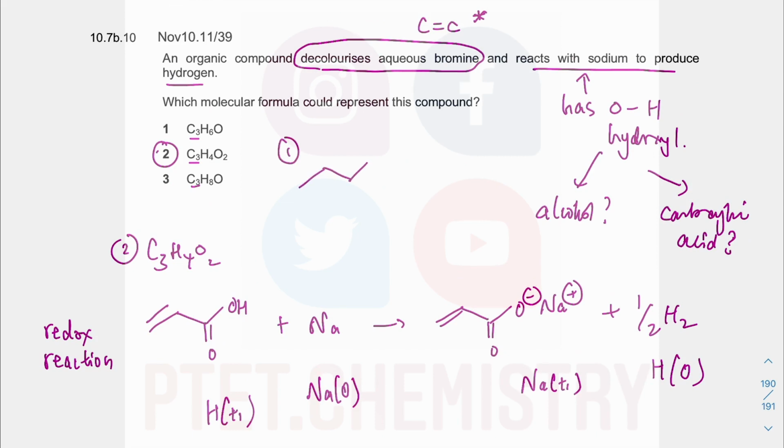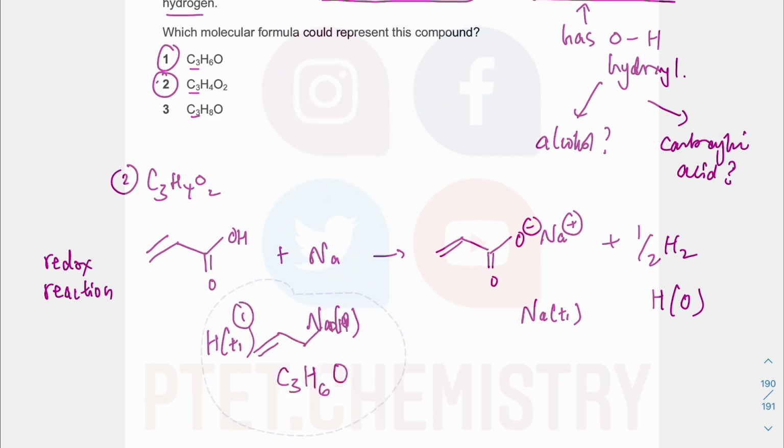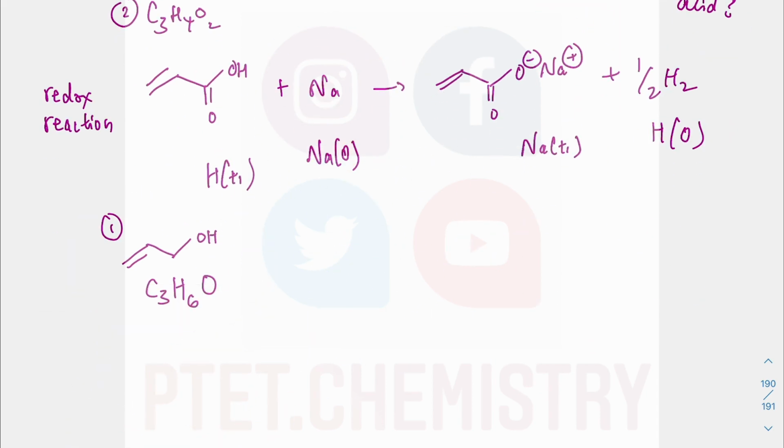If I have alcohol, but I also have a double bond, then I'll have 1, 2, 3 carbon, and I'll have 1, 2, 3, 4, 5, 6 hydrogen, and I have 1 oxygen, C3H6O. It has got a hydroxyl group, it's got an alkene. When you add sodium, it will form, well, let me show you. When I add sodium, I will get this thing.